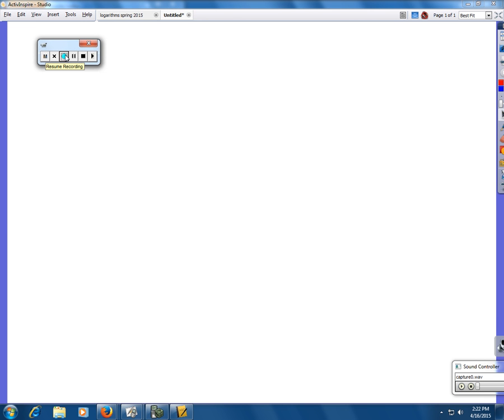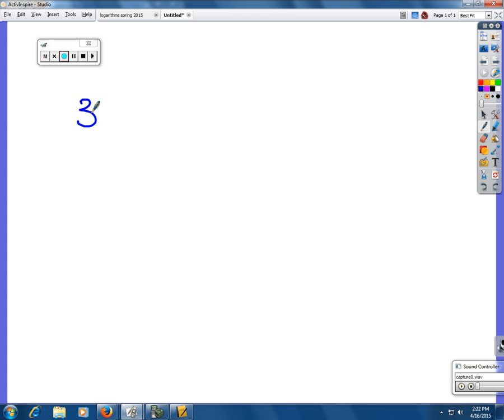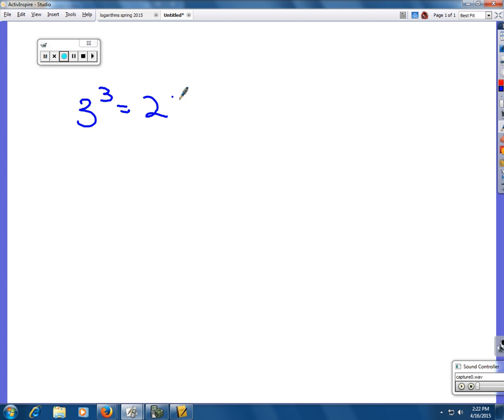Okay, we're going to start with number 1 on the Unit 3 study guide. The problem is to write in logarithmic form 3 to the third power equals 27. All you're doing is converting that to log form because it's in exponential form, so you need your b, your p, and your n.